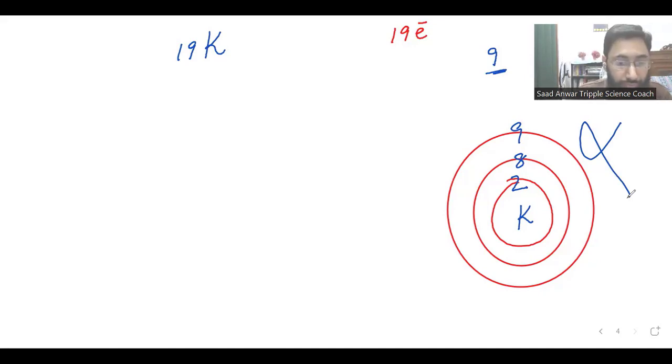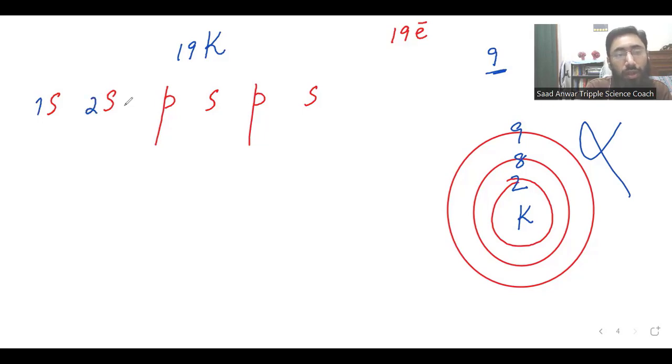Let's see. Now start putting electrons in subshells. 1s, 2s, 2p, 3s, 3p, 4s.